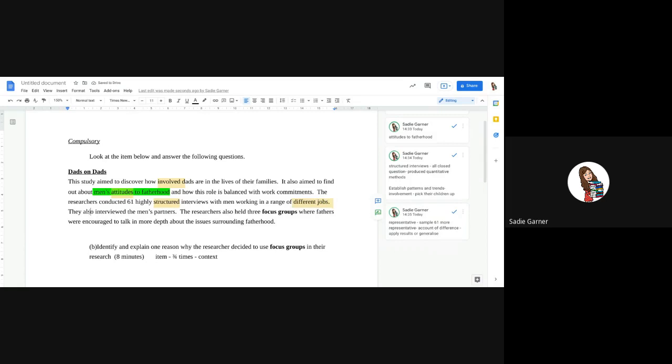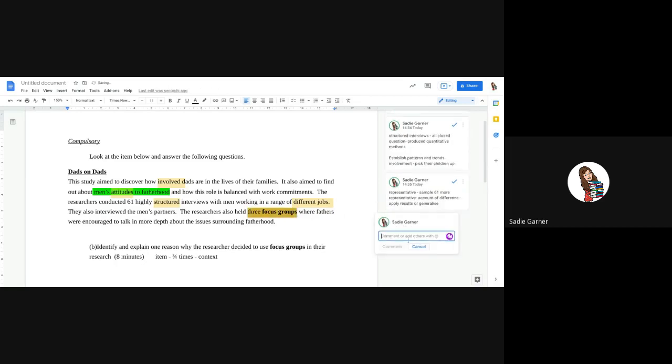They also interviewed the men's partners. Okay. The researchers also held 3 focus groups. Okay, well, that is the question. So I need to kind of look at that. So there's 3 focus groups.